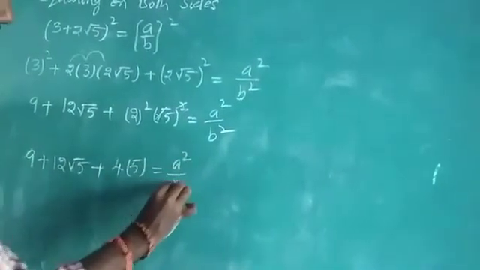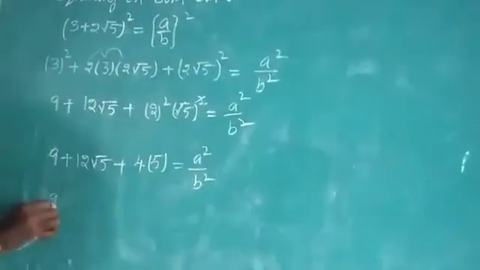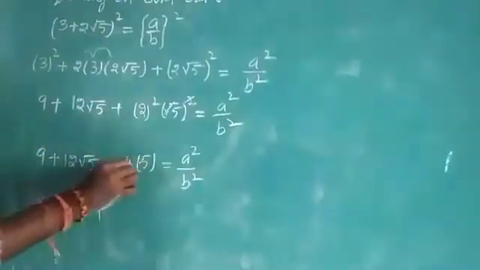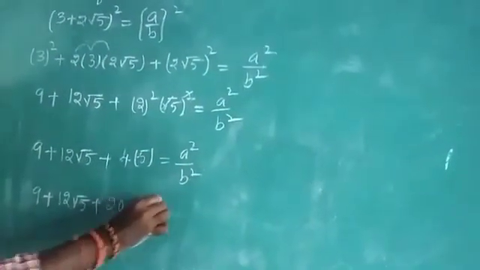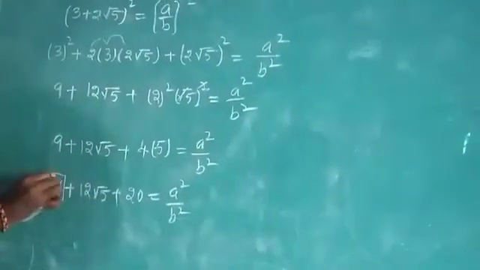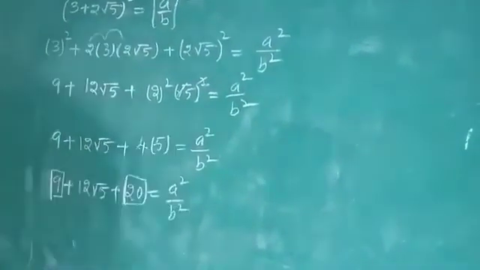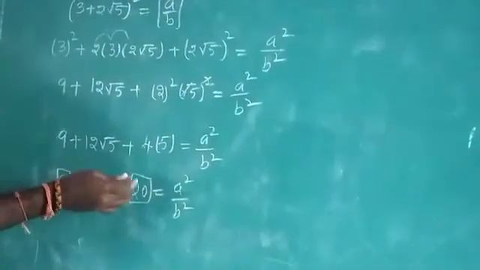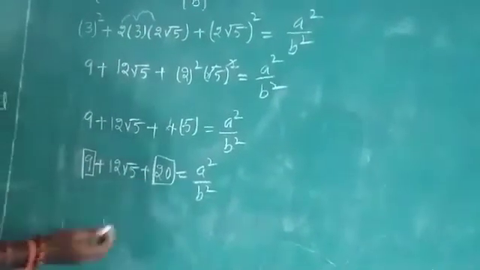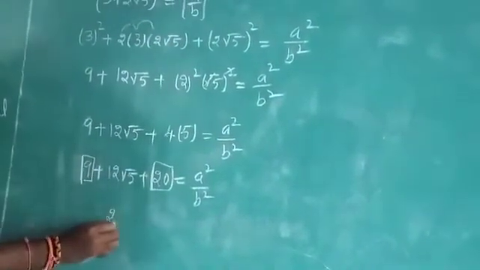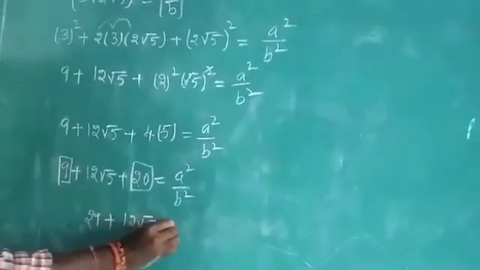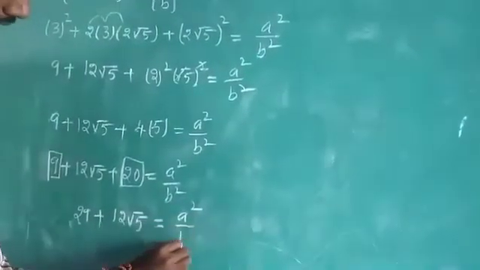So 9 plus 12 root 5 plus 4 5s are 20 is equal to a square by b square. These two you can add, it is a rational number, natural number, whole number, integers. 9 plus 20 is 29, so 29 plus 12 root 5 is equal to a square by b square.